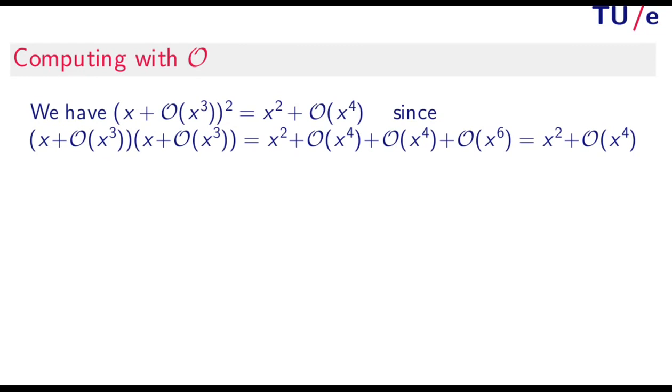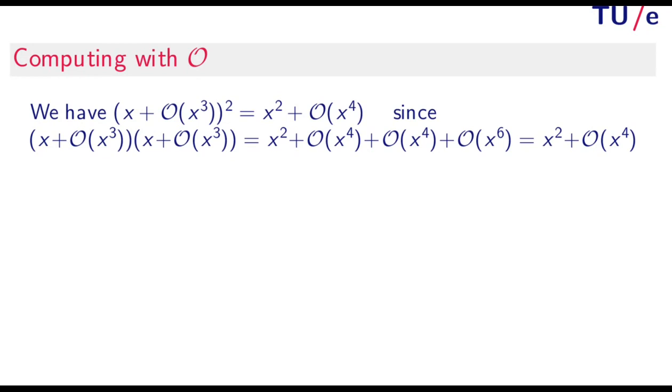Well, x plus big O of x cubed times x plus big O of x cubed: x times x is x squared. x times something of big O of x to the power 3 is of course big O of x to the power 4. In the same way, big O of x to the power 3 times x is also big O of x to the power 4, and big O of x to the power 3 times big O of x to the power 3 will be something which is big O of x to the power 6.